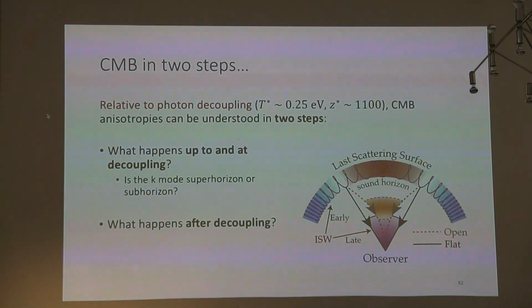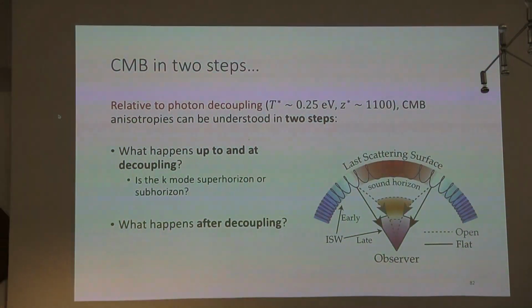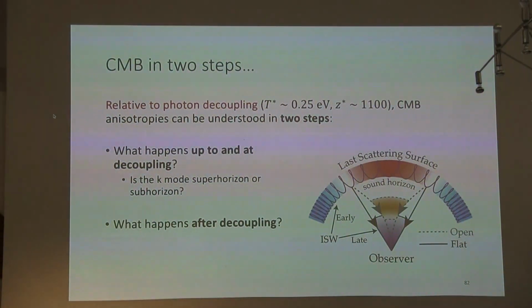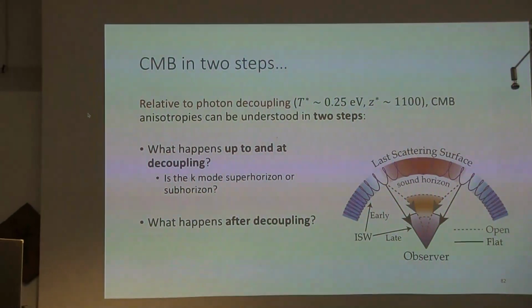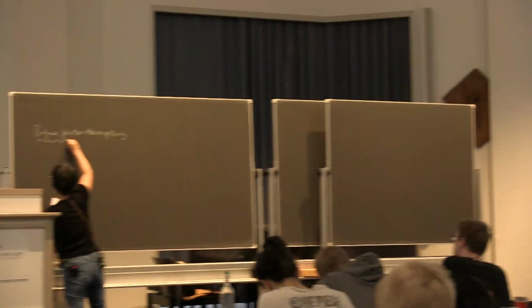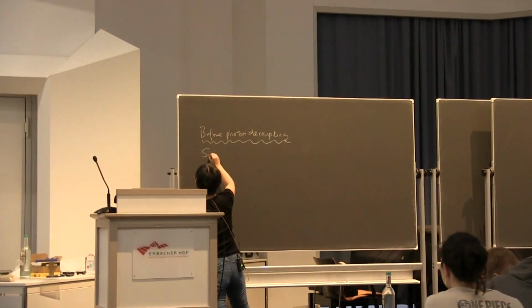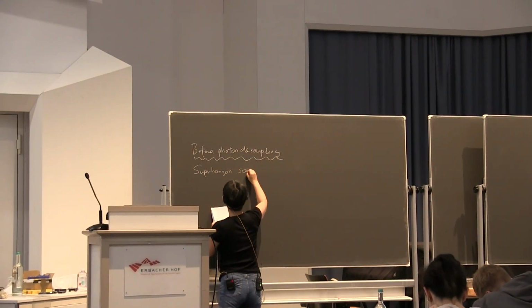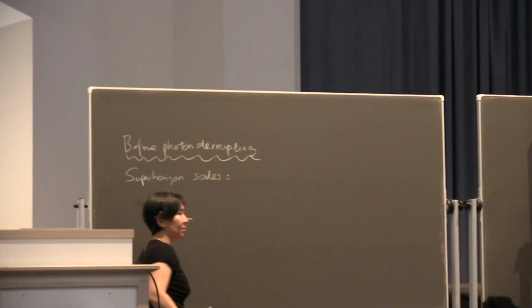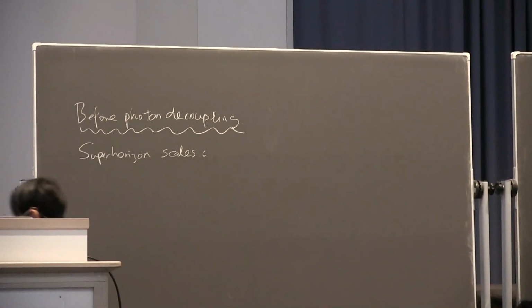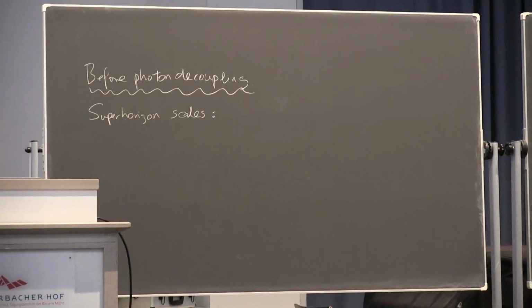If I want to investigate what happens before photon decoupling, and in particular, if I want to focus on those scales that are superhorizon before photon decoupling, and since we're interested in photons, I should focus on those equations that describe the photons. There was one that we wrote down that goes something like this.